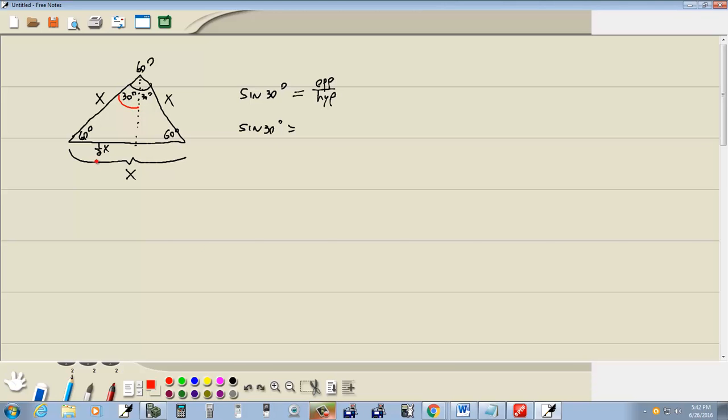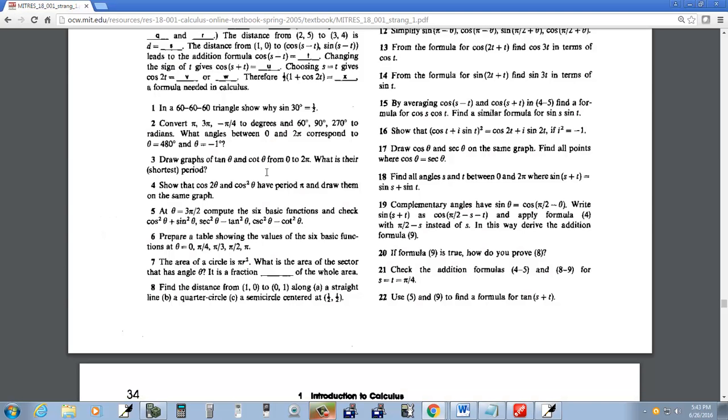So the opposite side will be over here, and our hypotenuse is right here. So opposite would be 1/2 x, and our hypotenuse is x, and you see the x's cancel and gives us 1/2. Okay, that was our first one. Our second one.